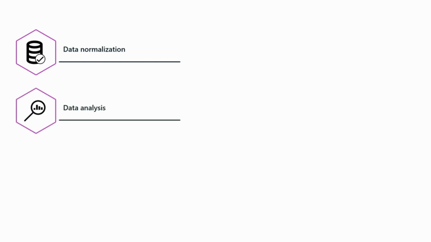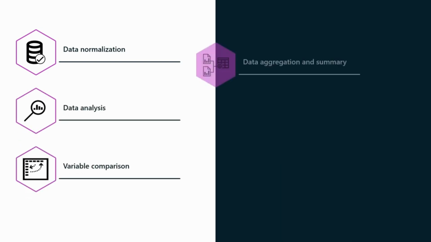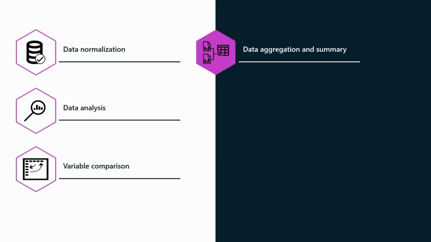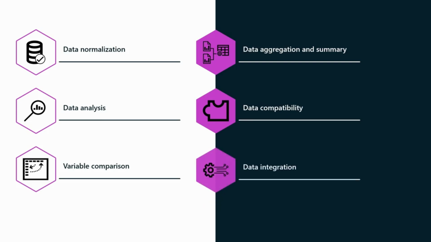This facilitates analysis, variable comparison, and data aggregation and summary, as related information is consolidated into a single column. Transforming data from a wide to a narrow structure can also enable data compatibility and integration with other systems or tools that require a narrow format.